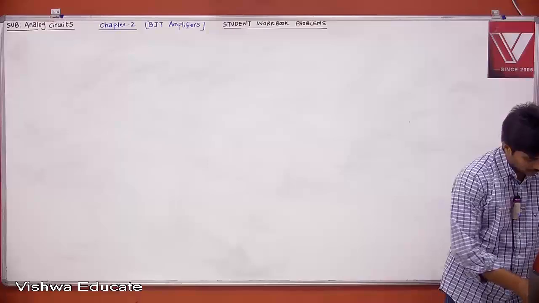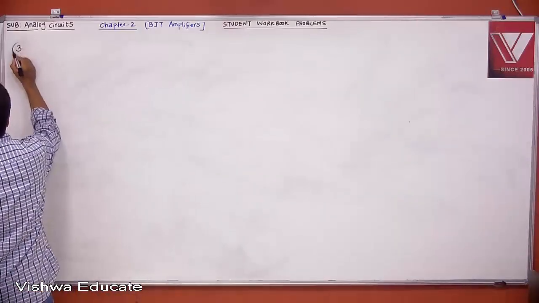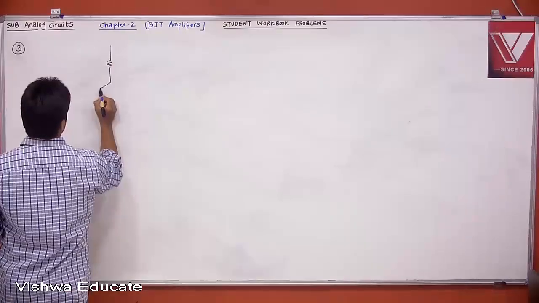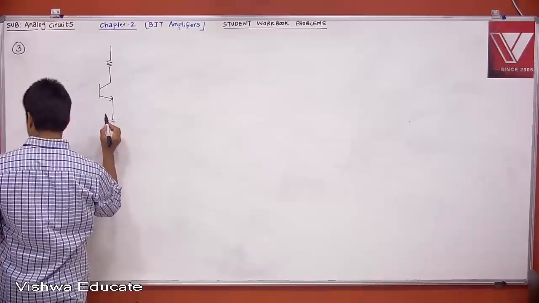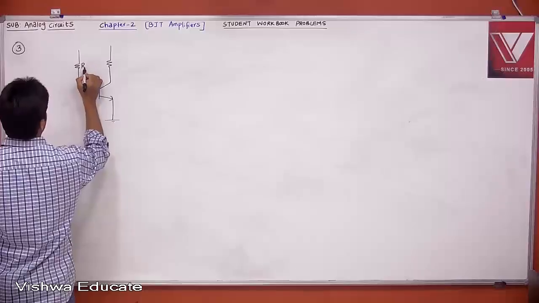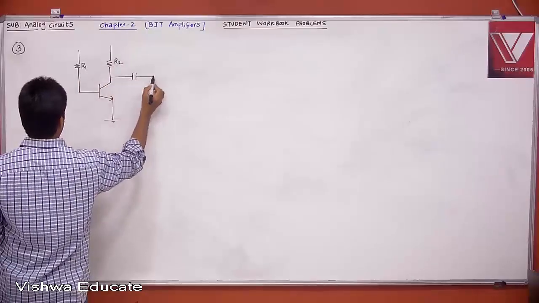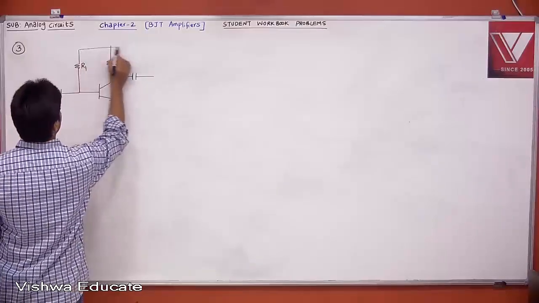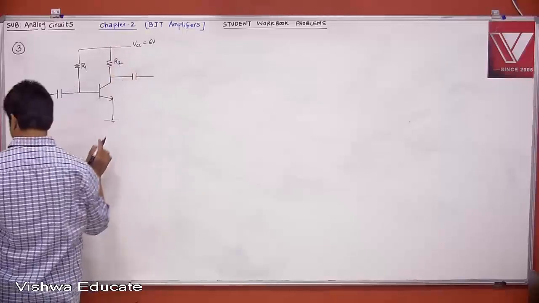The circuit is given. This is R1, R2, VCC 6 volt. Okay.